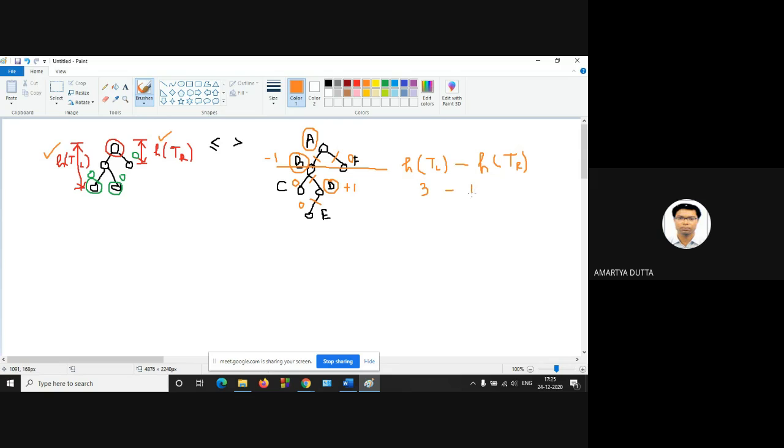So 3 minus 1 is 2. If the left subtree is greater than the right subtree, then the value is positive. Otherwise, if the right subtree is greater than the left subtree, then the value is negative. So for A, the balance factor is +2. Is it clear? It is the balance factor.